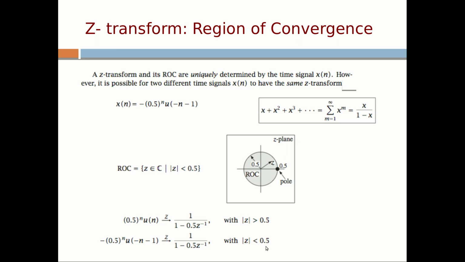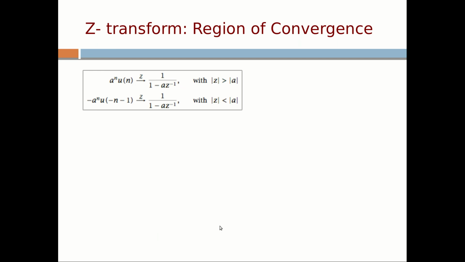Here, if we observe, the Z transform of this signal and this signal are the same, but their ROCs are different. Thus, an ROC helps us uniquely determine the original signal x of n even when we have Z transforms of two or more signals being equal. We can actually generalize from the previous two results the following expressions for Z transforms.